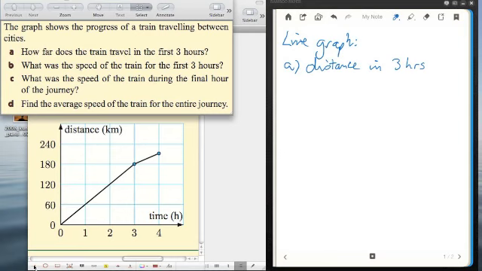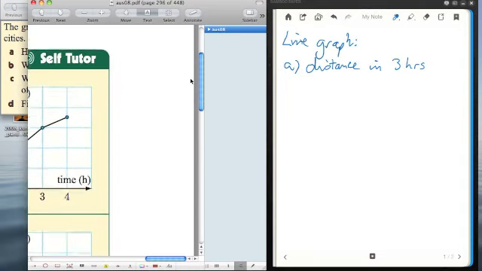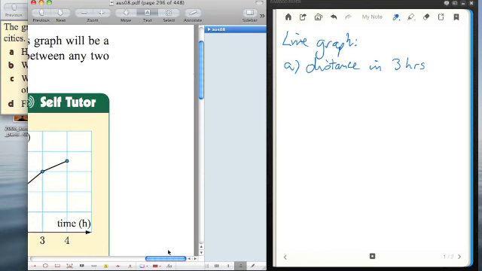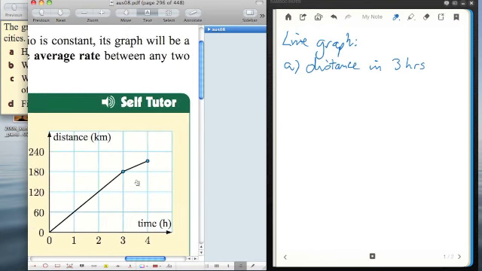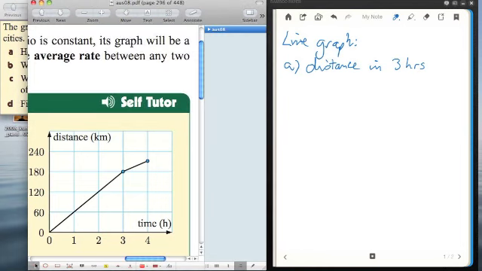What we do here is we want to look at 3 hours and we go up until we hit the line and we find a point. That point on that line represents 3 hours.